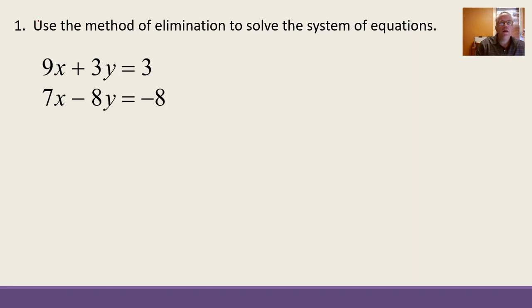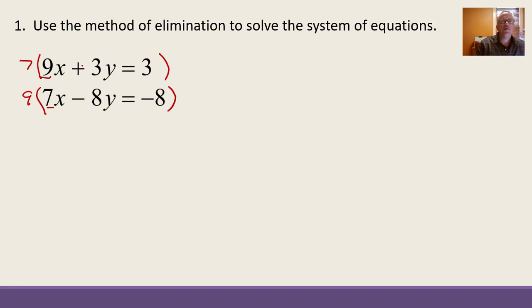So, the coefficient of x in the first equation is 9. That's why I'm going to multiply the entire second equation by 9. The coefficient of x in the second equation is 7. We're going to multiply the first equation by that.